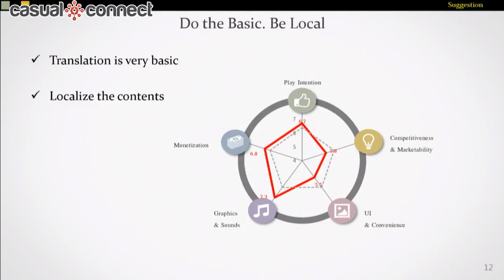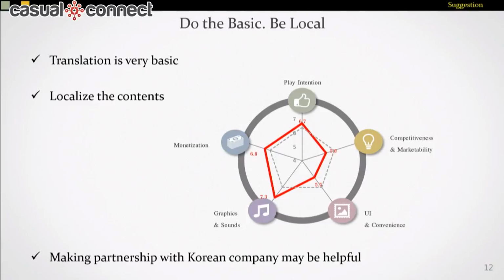The reality is that when you launch your game in Korea as a foreign company, you are not able to localize everything. Maybe in-game text would be the best thing you can do, because it costs too much time and too much budget. And also you want to keep one global build. Then what you can do is find a partner in Korea, a local partner.